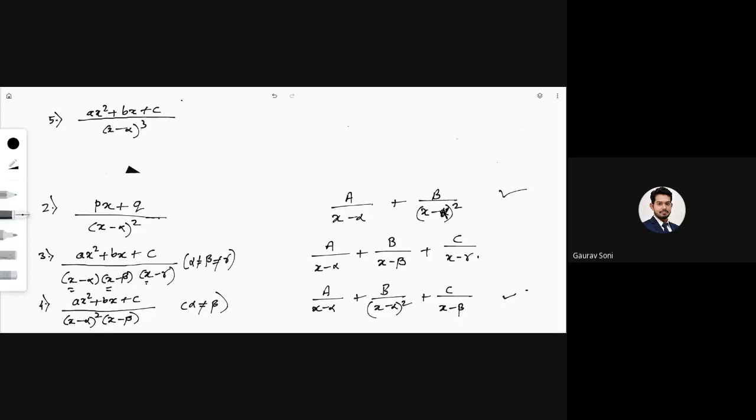Yes, Shreya Sharma. How can I write this? Manthan, Mihir, how can partial fraction be used here?